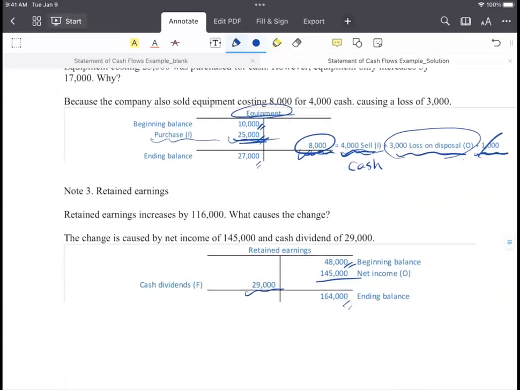The same goes for the retained earnings part. Net income is actually cash flow from operations, and dividend paid is a cash outflow from financing activities. So the change in retained earnings is not 100% cash flow from financing. Part of it is driven by net income, which is an operating activity.